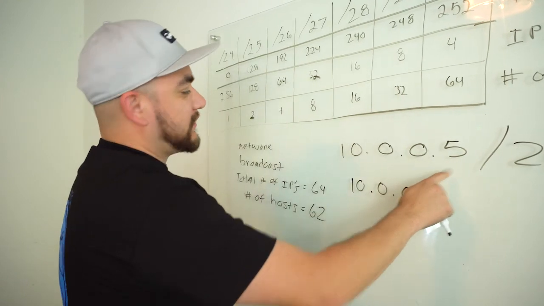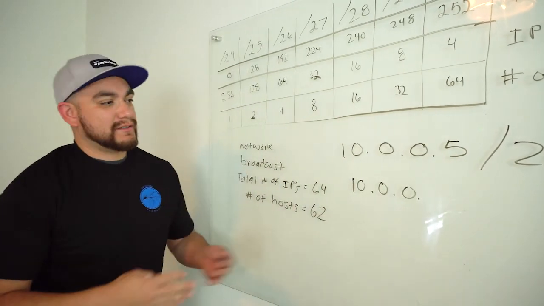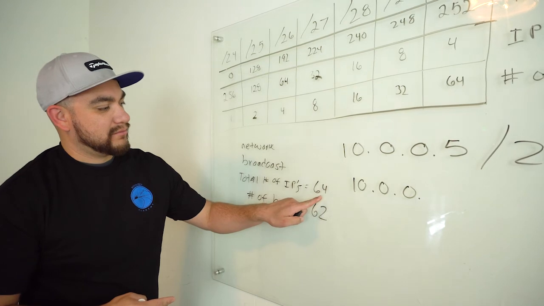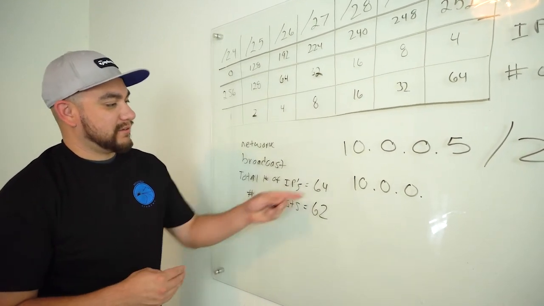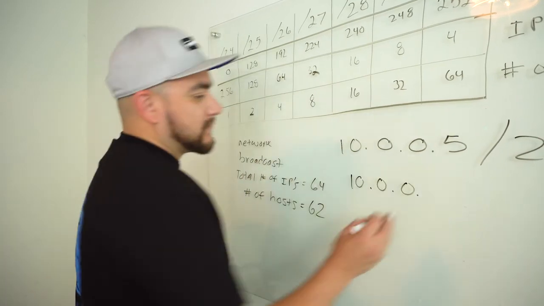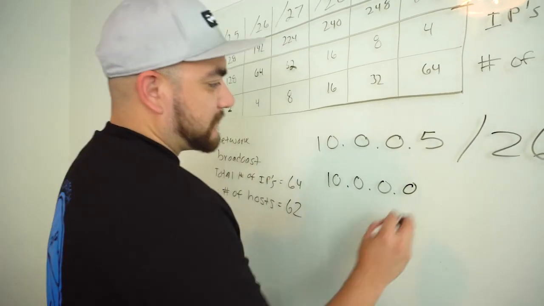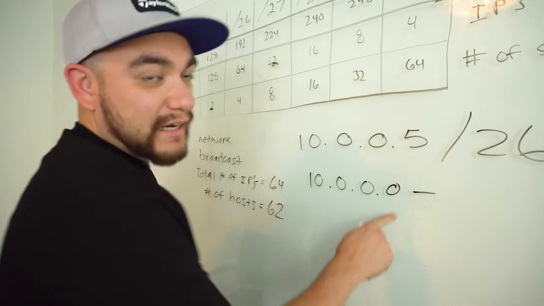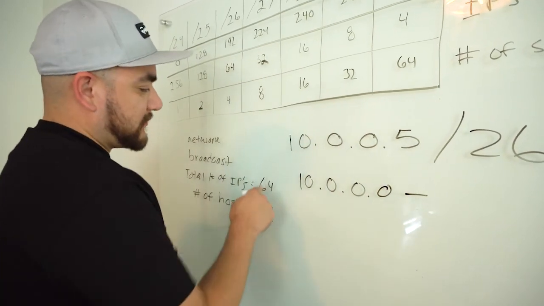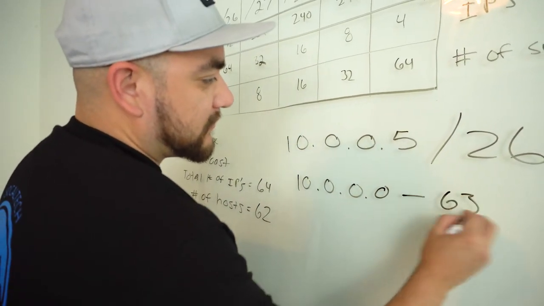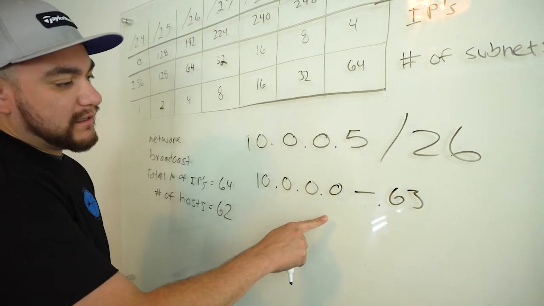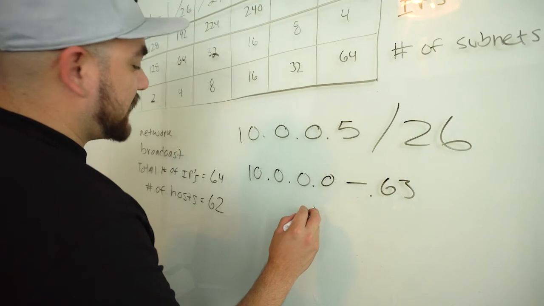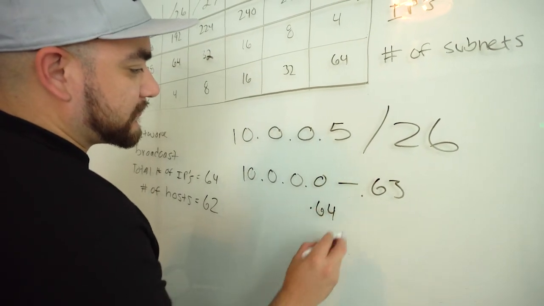The IP address is .5. So it falls within the range of our 64 IPs. So we just start at .0. Remember, .0 is still an IP. So to 63. The next subnet network address will be .64.